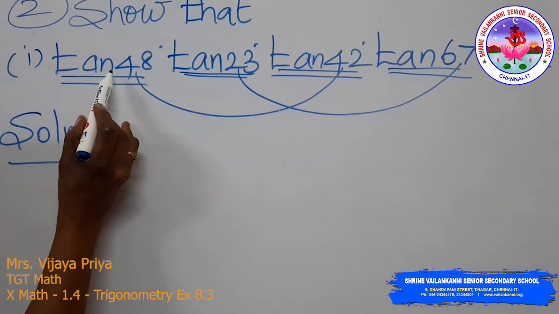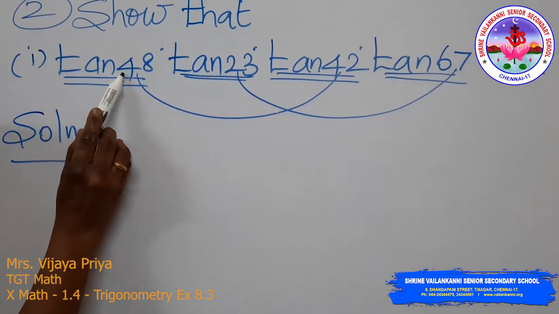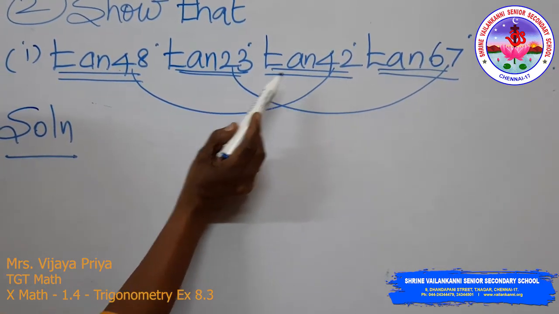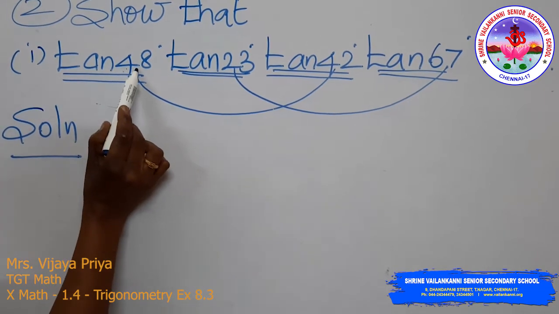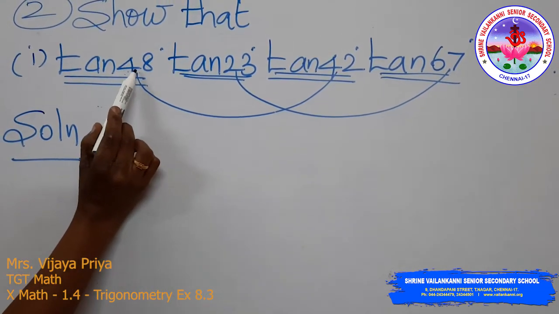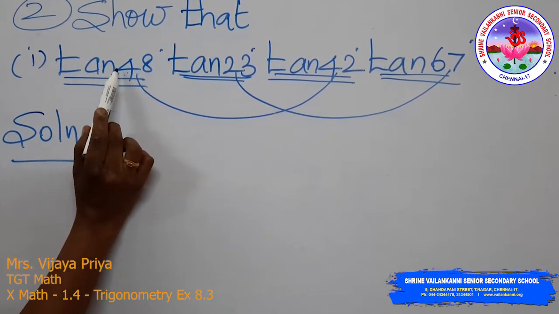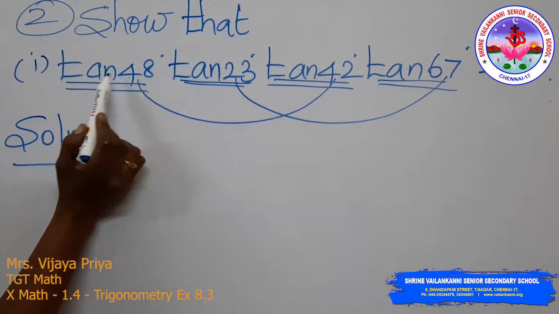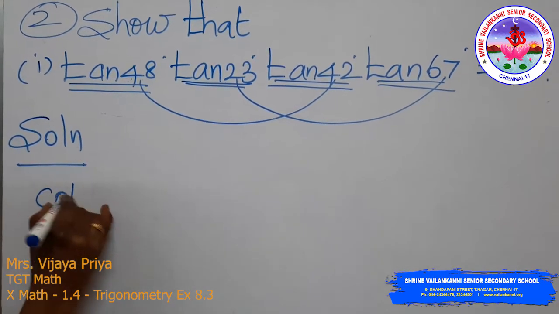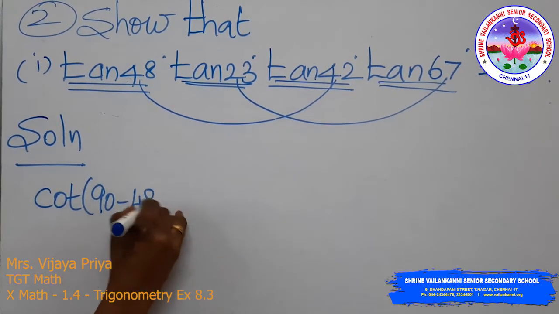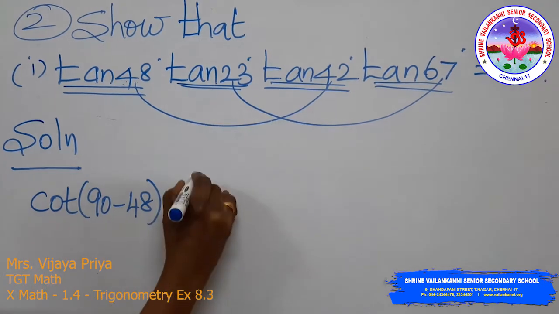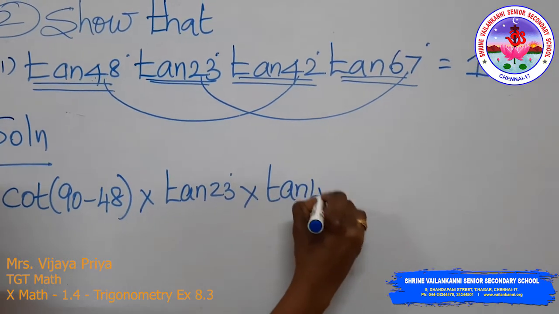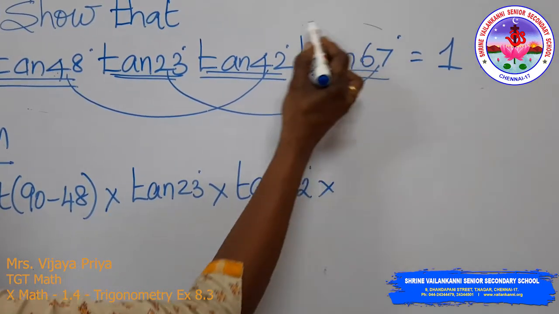So first case, I am going to change either tan 48 or tan 42 into a complementary function. So here I am going to change my tan 48. So I am changing tan 48 to a complementary function where my tan theta is equal to cot of 90 minus theta. So where my theta is 48 here, tan 48 becomes cot of 90 minus 48 into, I am writing tan 23 as it is and tan 42 as it is, and I am going to change my tan 67.